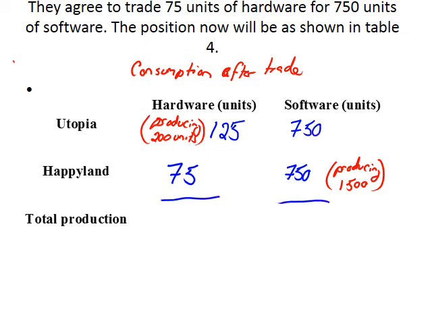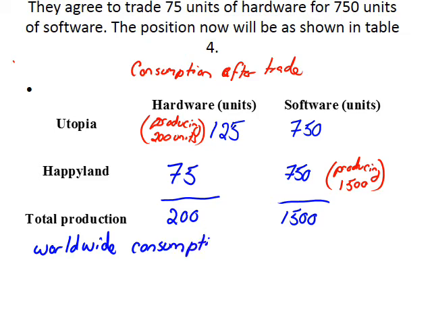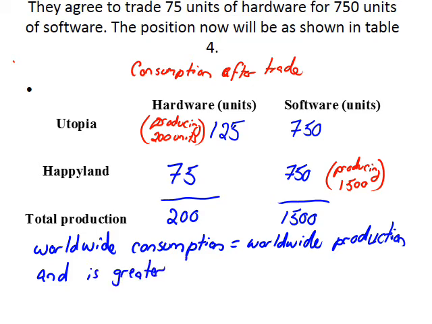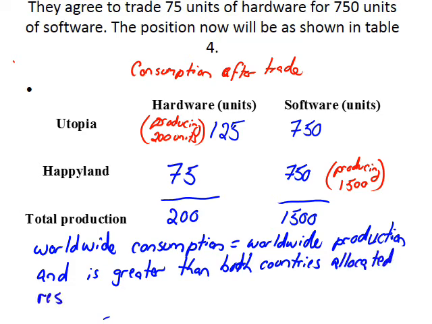If we look at the consumption, it's 200 and 1,500, and just note that worldwide consumption equals worldwide production, and is greater than when both countries allocated resources to both goods and did not specialize and did not trade.